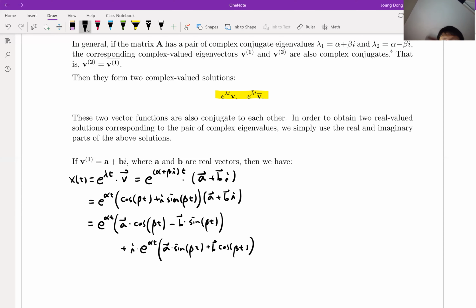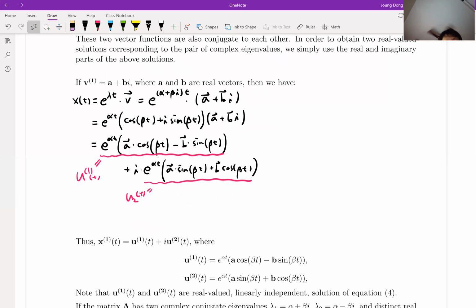Actually, this is exactly the same process as the previous problem, example number 9, but I just want to write the real part and imaginary part separately and directly. Then, as we did before, this one is u1, and this part without i is u2 of t. So this is a way to formulate it.